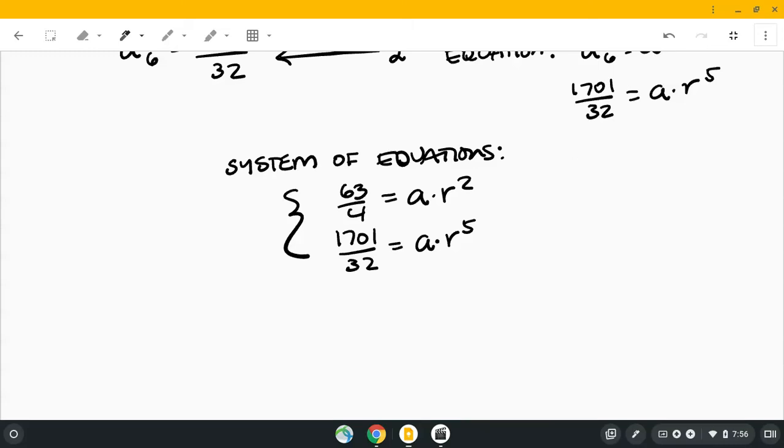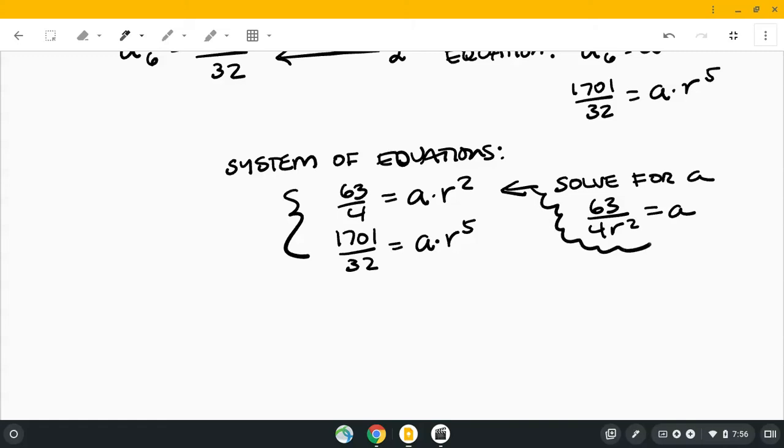Okay, so I'm going to go ahead and take this first one and I'm going to rewrite it by solving for A. So I'm going to divide both sides by r squared, right? So I get 63 over 4r squared equals a. Okay.